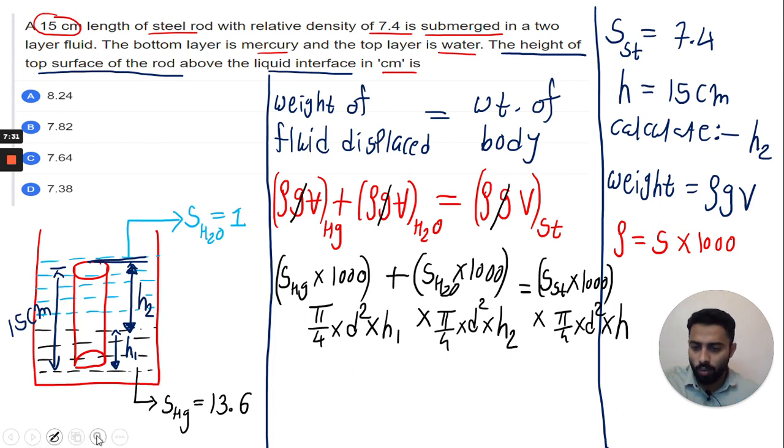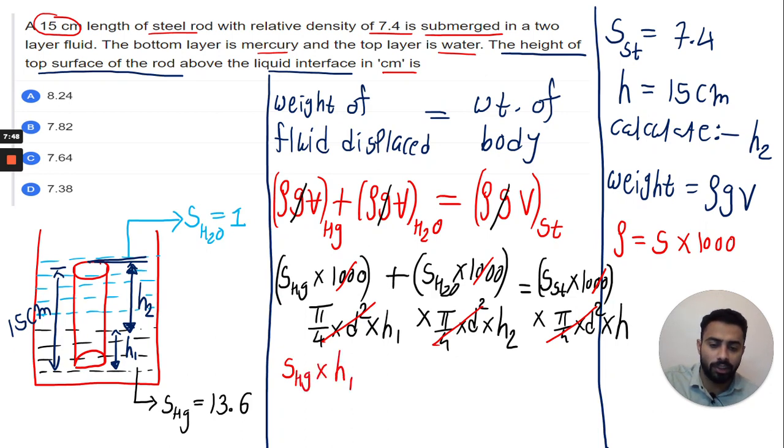Okay, so what we will do, this 1000 will get cancelled, even this pi by 4 d square will get cancelled. So we will end up with a very simple formula, that is S of Hg multiplied by height H1, height of Hg inside the cylinder, and S of H2O multiplied by height of cylinder inside the water, which is H2.